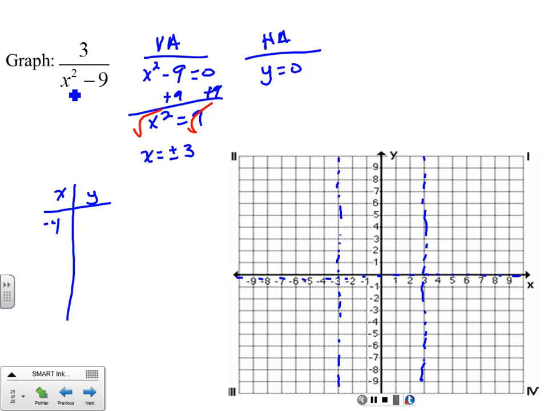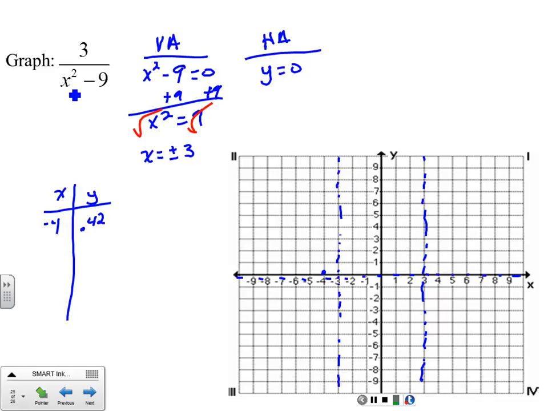Yeah, 3/7. Let's change that to a decimal. Do 3 divided by 7 in your calculator and tell me what you get. That's good. 0.42. All right, so we have -4 and 0.42. I'm totally guesstimating right there.